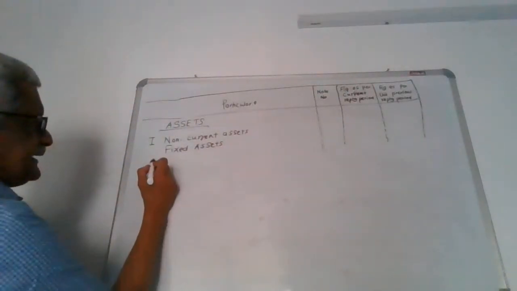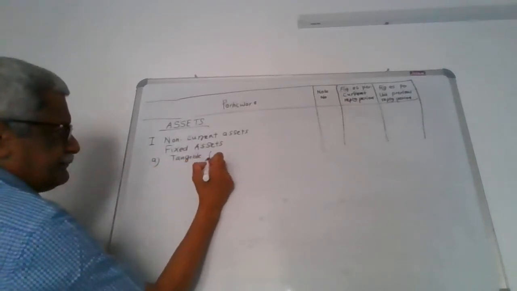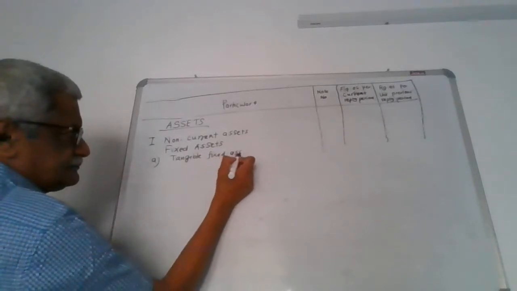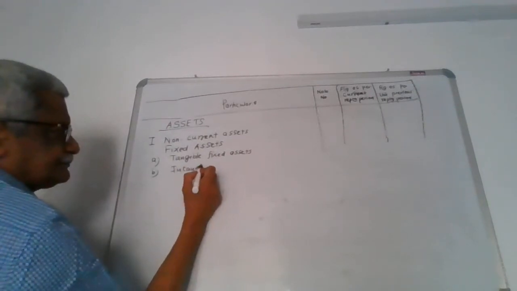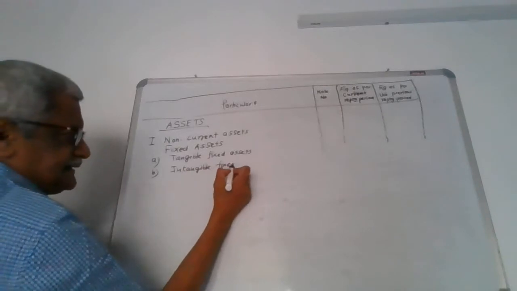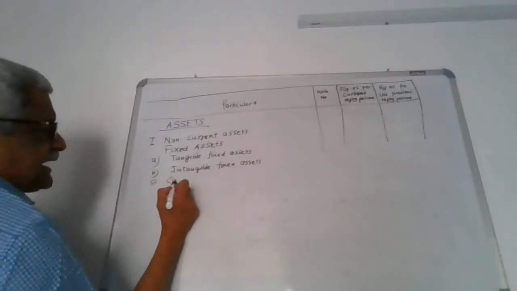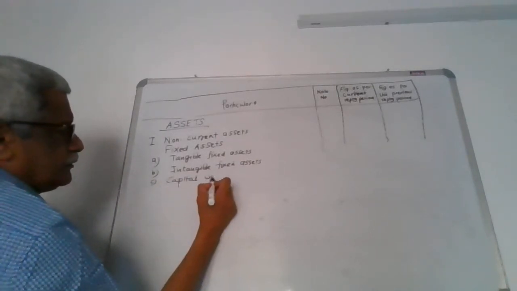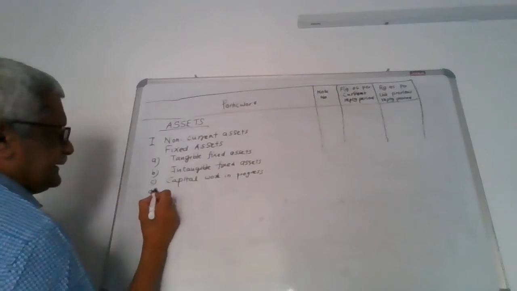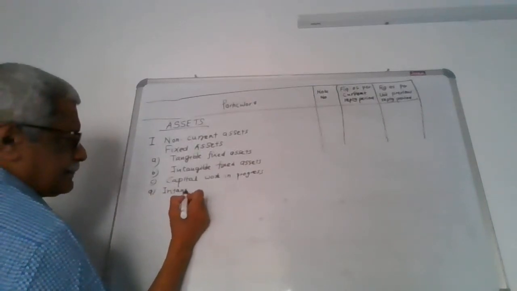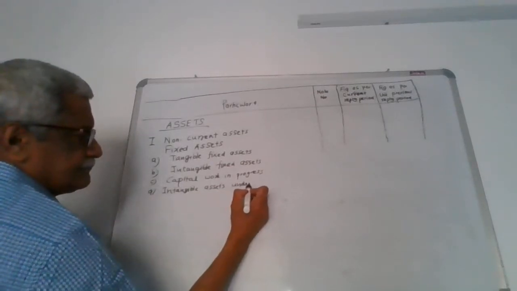The fixed assets are again subdivided into: 1, tangible fixed assets; 2, intangible fixed assets; 3, capital work in progress; and 4, intangible assets under development.